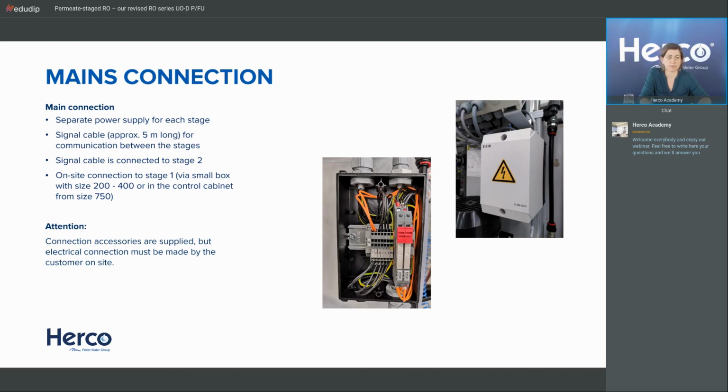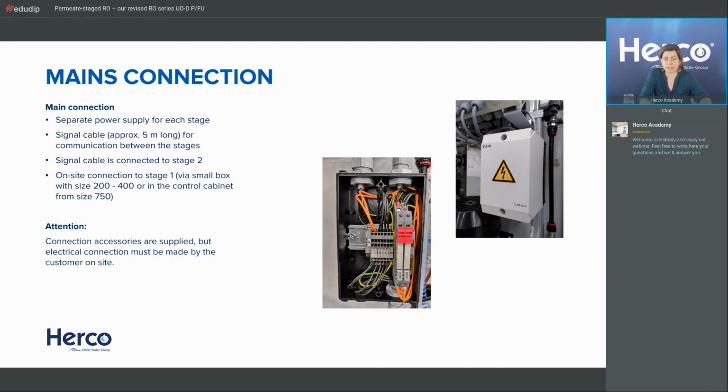That's the only difference. For the larger units, from size 700, 750 on, we have enough space in the control board, in the switchboard, in the panel to include something that you see here in the picture also. And we connect directly to the control cabinet. So the signal cable that comes connected to stage 2 has to be connected to stage 1.